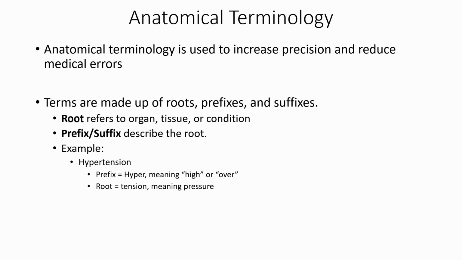So hypertension, high pressure, hypotension, low pressure. The root is the same in both. We're talking about the same concept, blood pressure in this case. The prefix, hyper versus hypo, describes what's going on with that blood pressure. Is it high? Is it low? Is it normal? Right, bam.